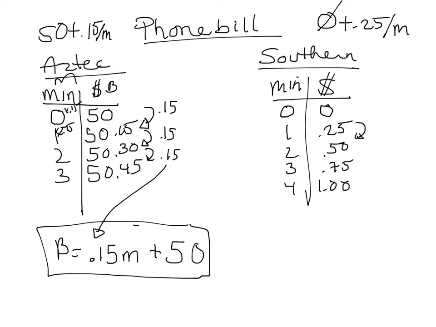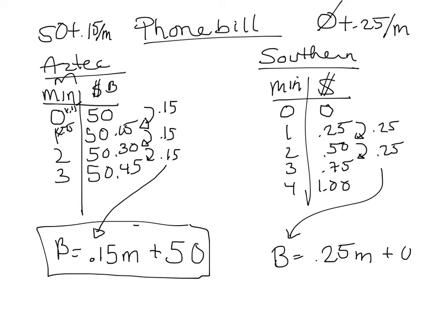So here we are going up by 25 cents, which means that becomes my coefficient. So the bill is 25 cents per minute, and there's no constant. So you can write plus 0 if you want. It's really not needed, as long as you identify that there is no constant because there's no base fee coming from the Southern cell phone company.